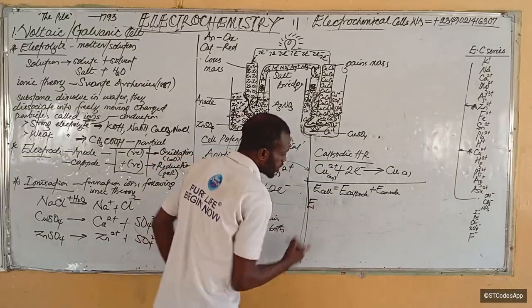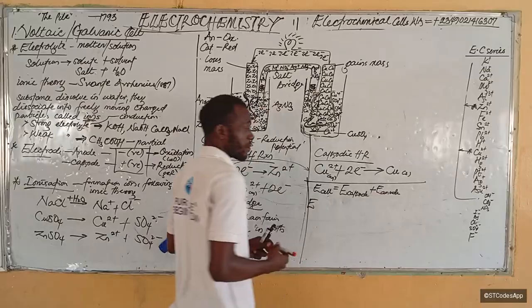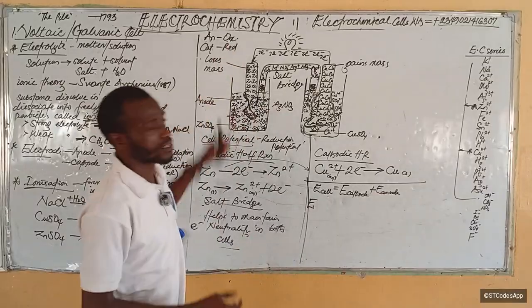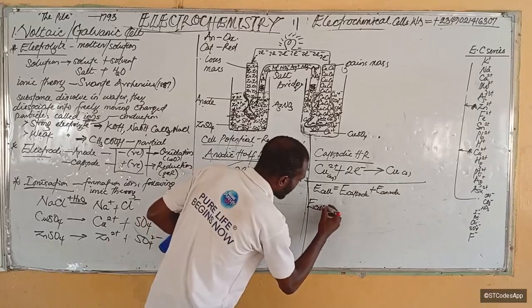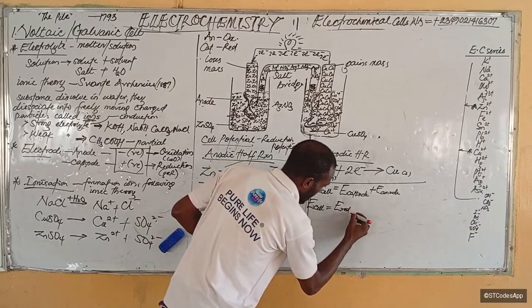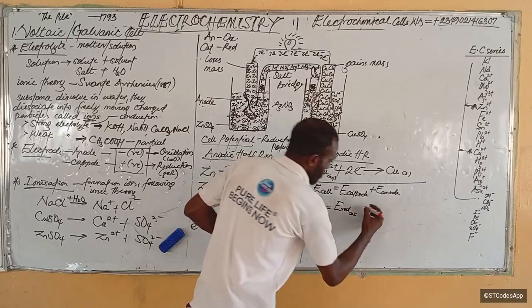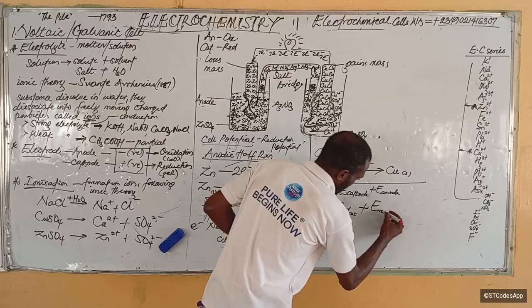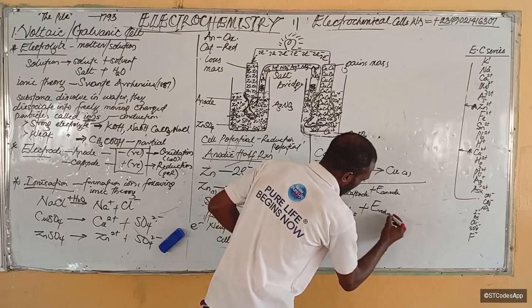Remember, I told you cell potential is also reduction potential. But we know that reduction does not happen at the anode. What happens at the anode? Oxidation. So E cell is going to be E red at cathode plus E red at anode.